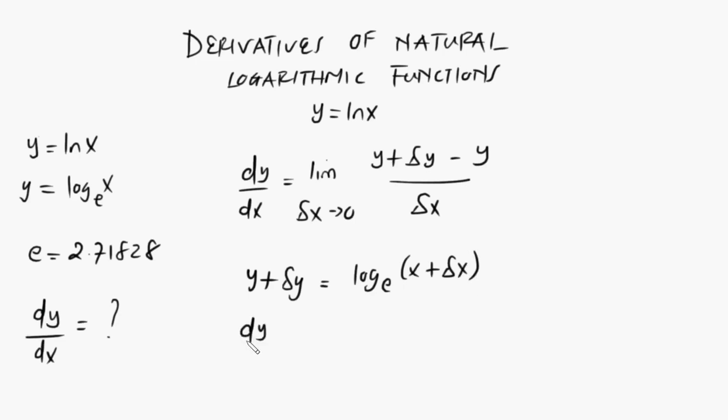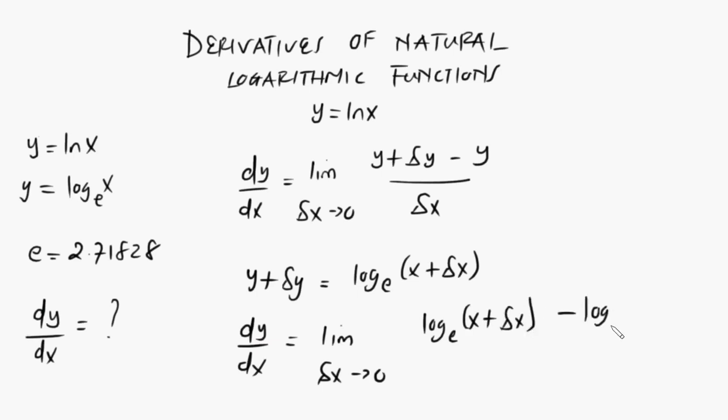So my dy/dx is just the limiting value as delta x approaches 0 of the logarithm to base e of (x plus delta x) minus the logarithm to base e of x. Kwa hiyo hii ni y plus delta y, hii ni y, over delta x.